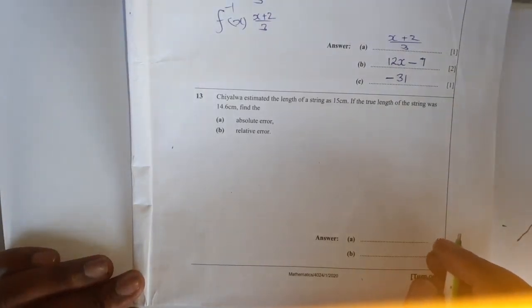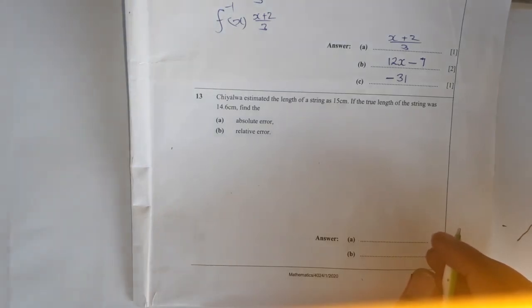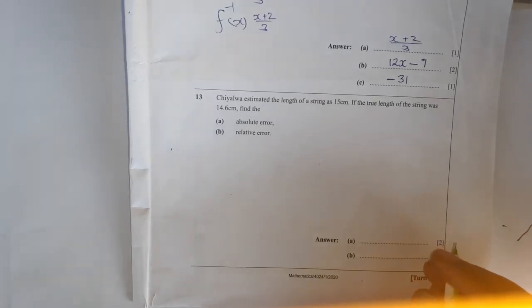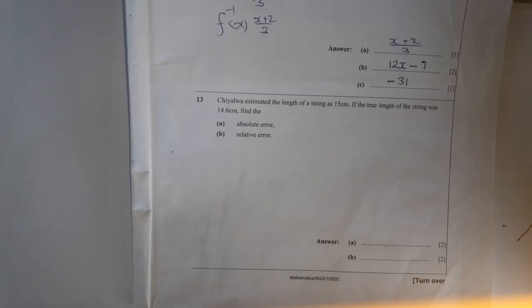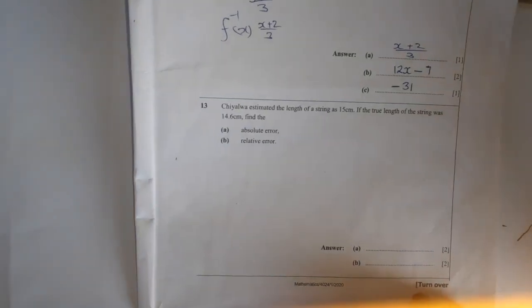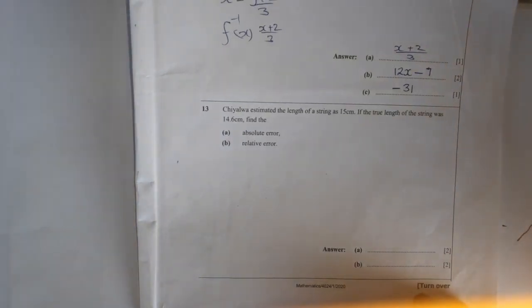Chiara estimated the length of a string as 15. If the true length of the string was 14.6, find the absolute error. So we are finding, the first one is absolute error.